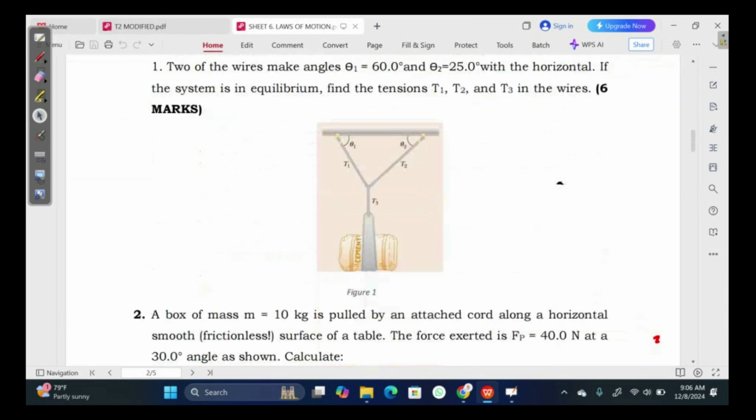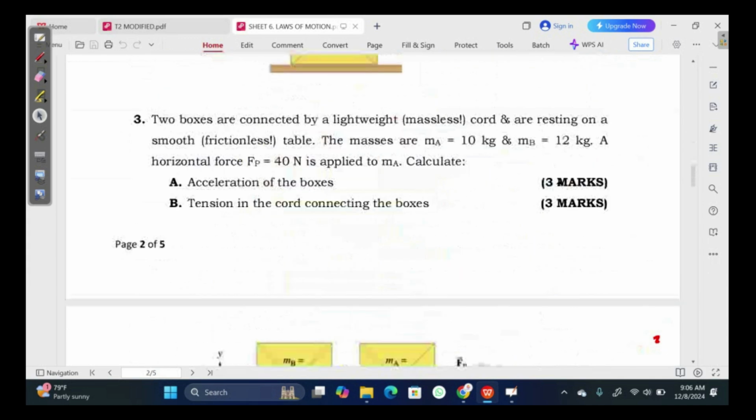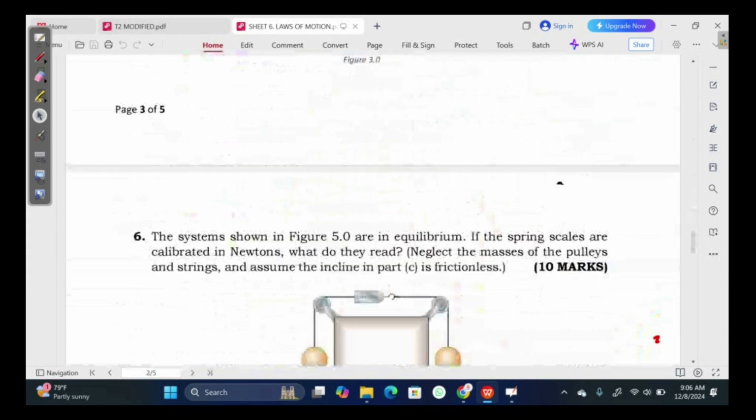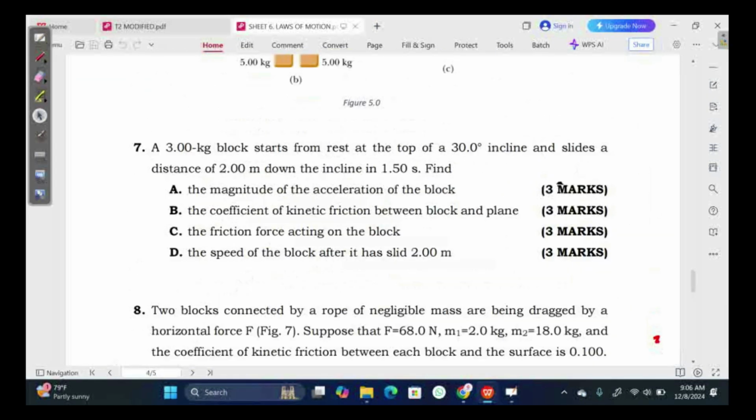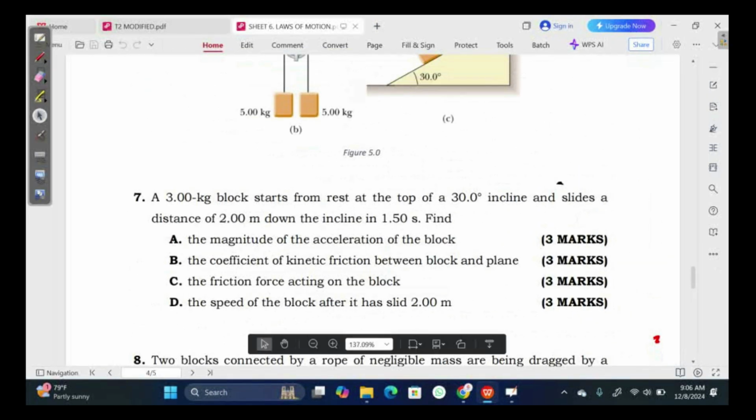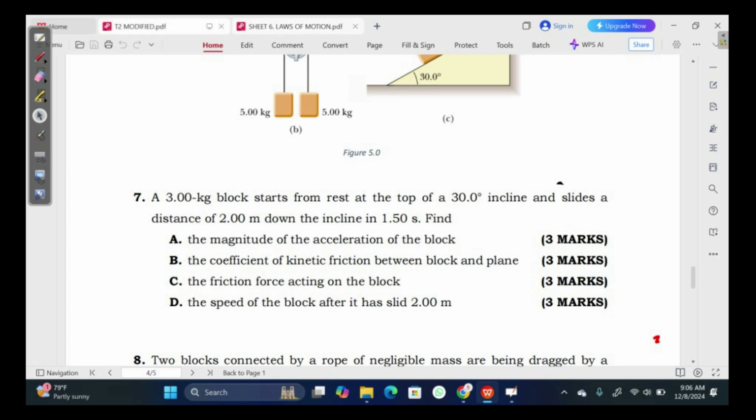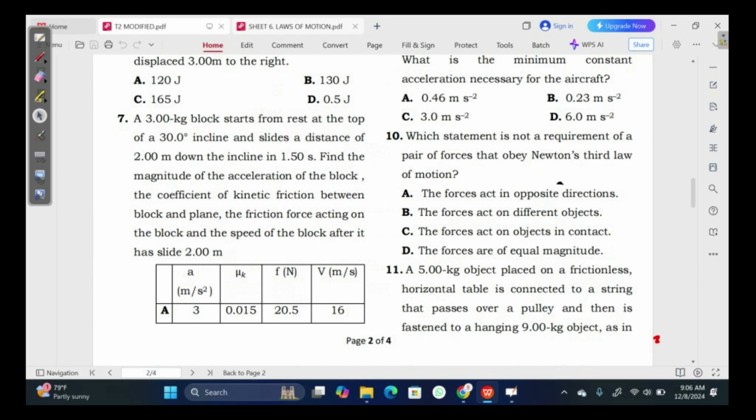All the questions they have asked here, a 3 kg block. Solving this question is the same as solving parts A, B, C, D. That's why they're asking us to find the acceleration, mu, friction force, and the velocity.